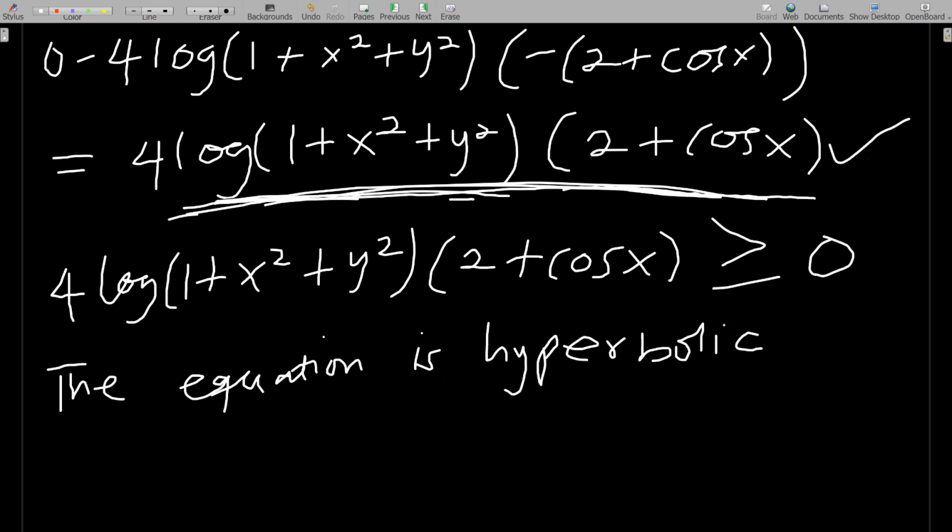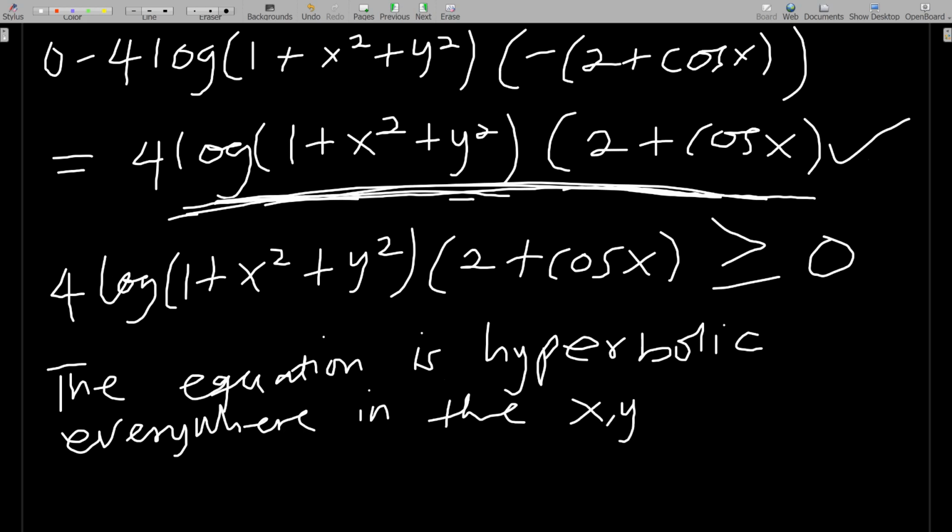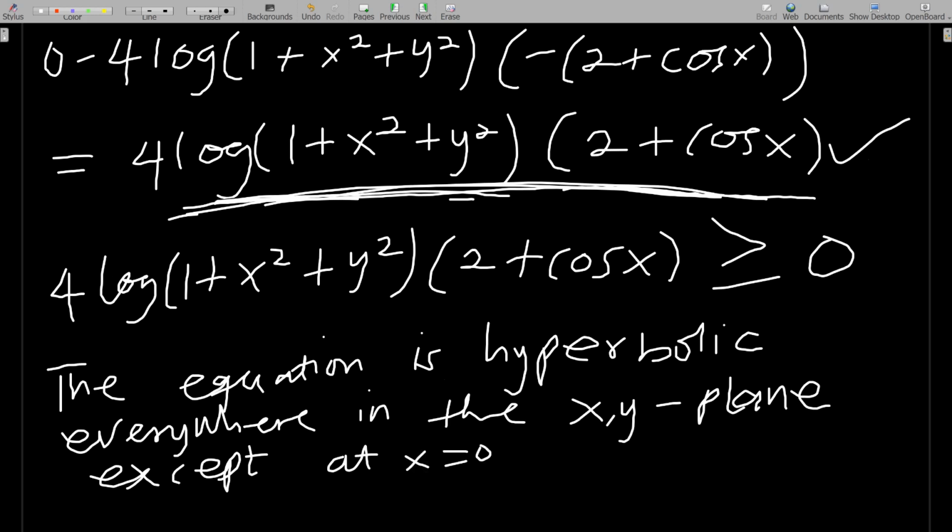Hyperbolic everywhere in the xy plane, or in the whole plane, except, okay, at x equals 0 and y equals 0, which is parabolic.